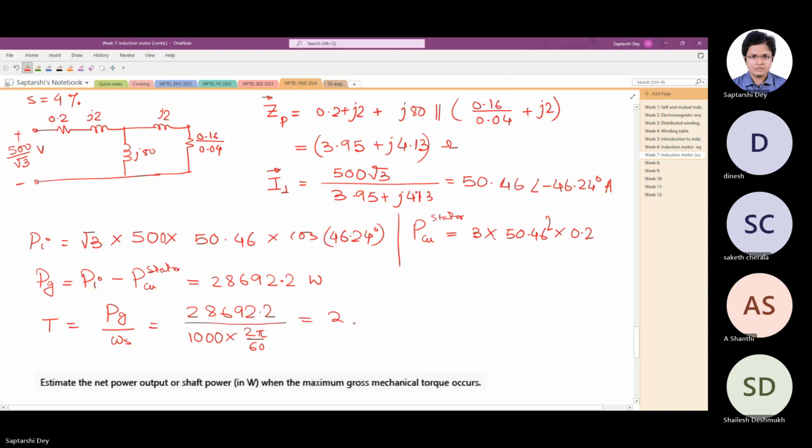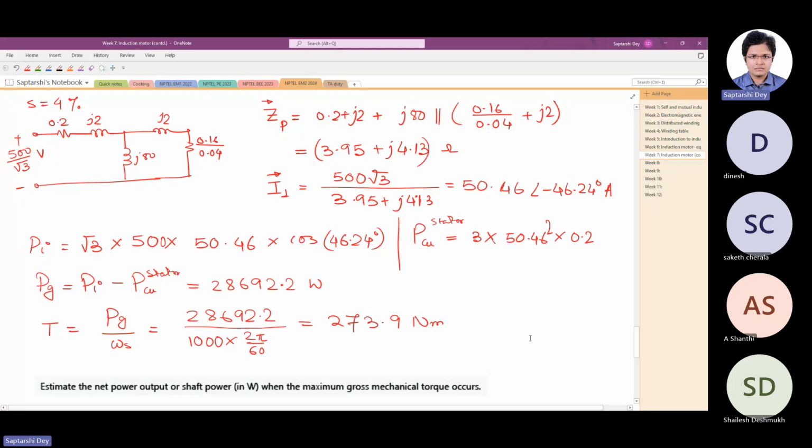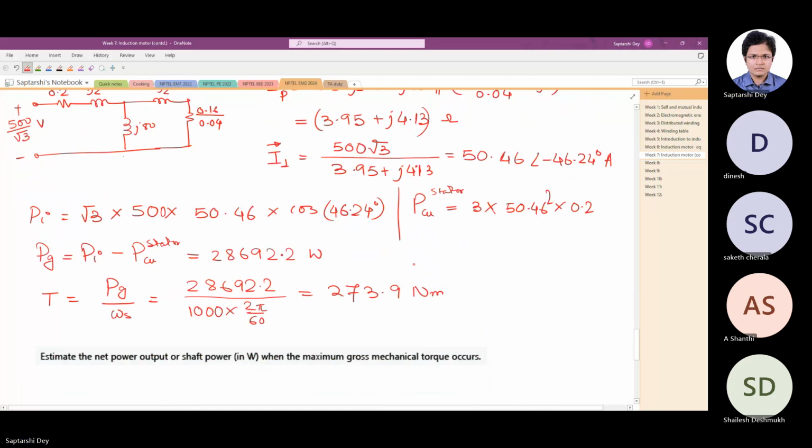This will give you this much. So this is the peak torque that you will get. So now if we draw this curve again, this one we got some 23 Newton meter, and this one some 274 Newton meter.